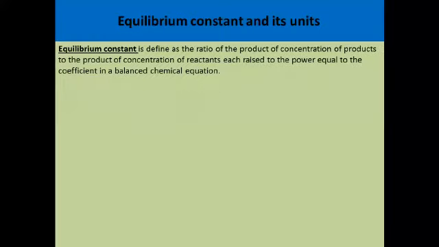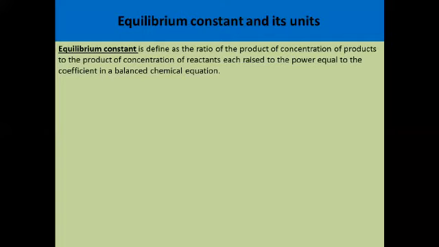Equilibrium constant and its units. What is the equilibrium constant? Equilibrium constant is defined as the ratio of the product of concentrations of products to the product of concentrations of reactants, each raised to the power equal to the coefficient in the balanced chemical equation.